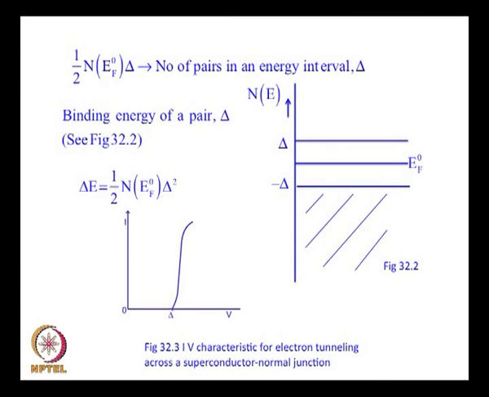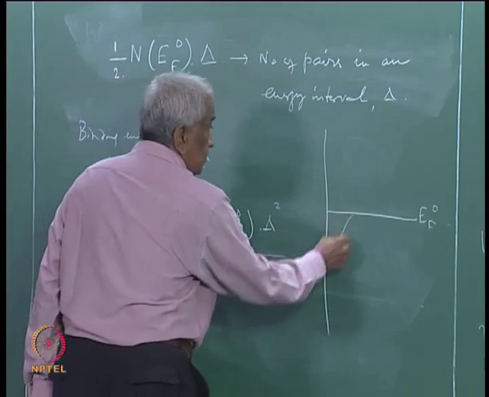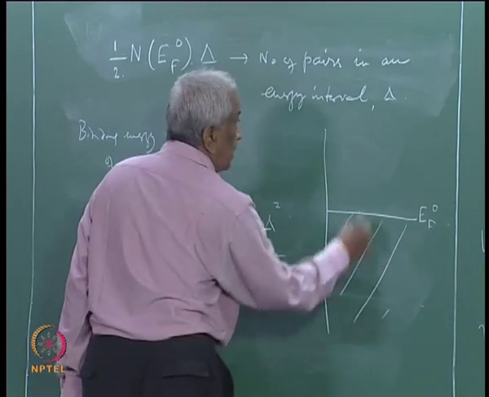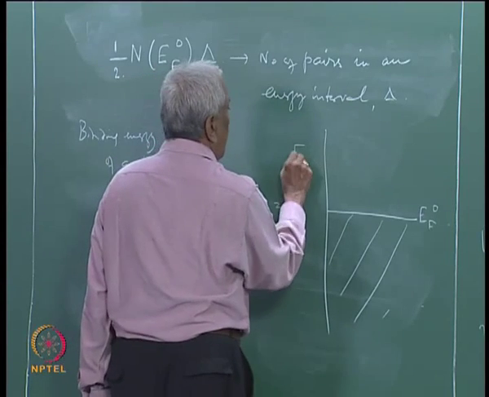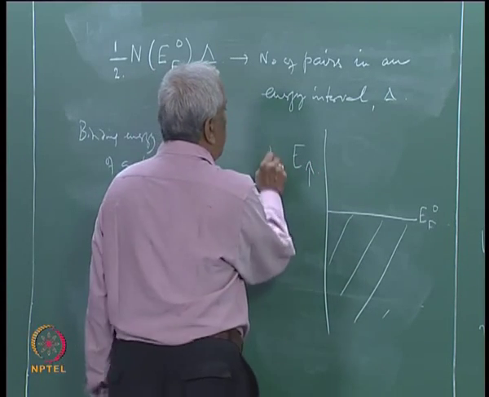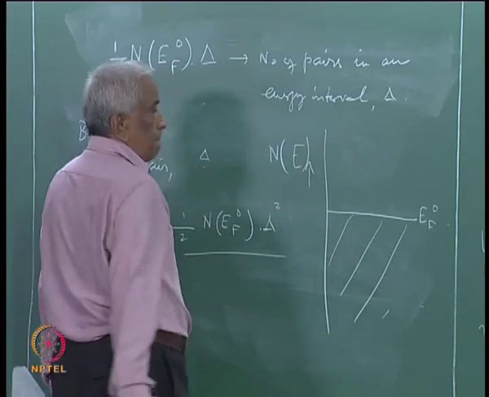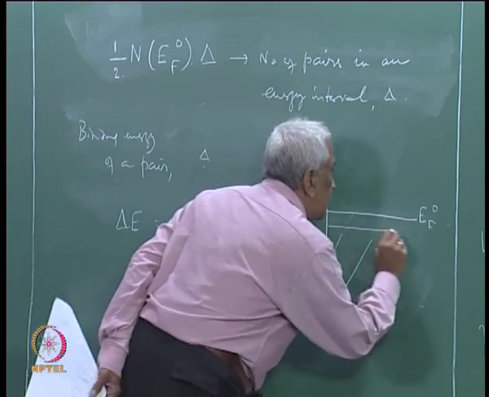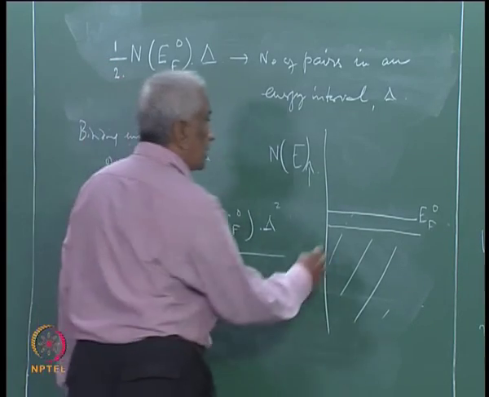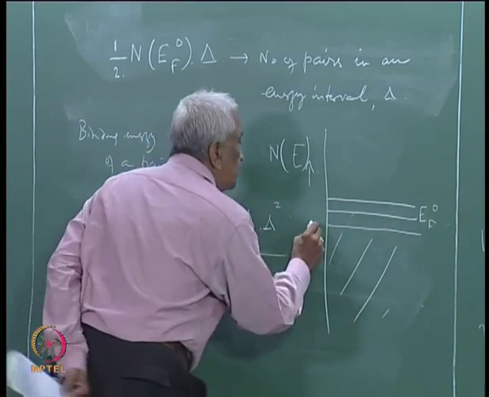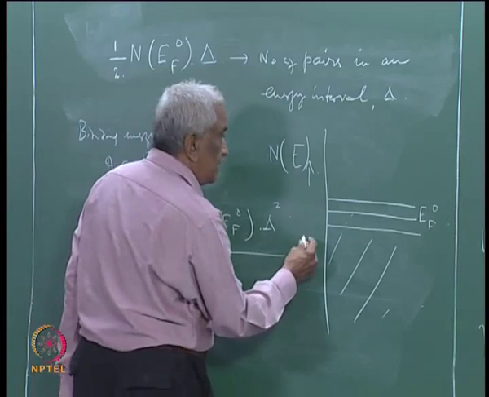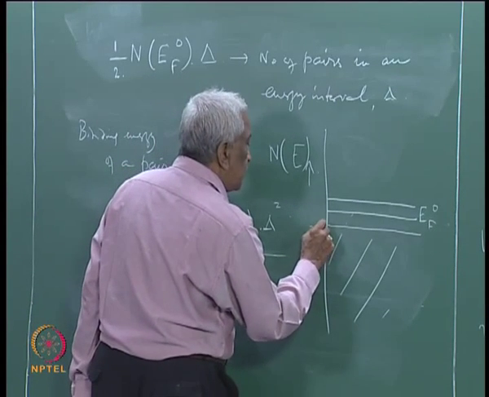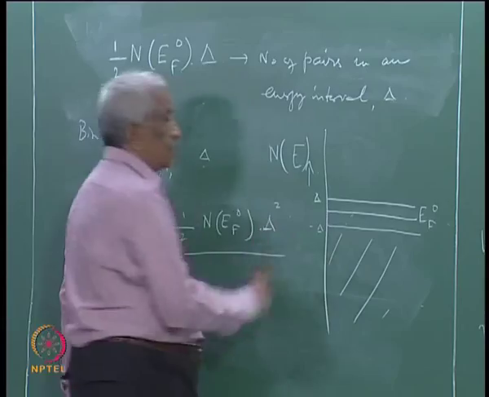There is an excitation spectrum where in the normal state all these states are filled and all these states are empty. Now, at the superconducting transition at absolute 0 of a BCS superconductor, there is a gap which opens symmetrically about the Fermi energy, and therefore, this is minus delta and this is plus delta.